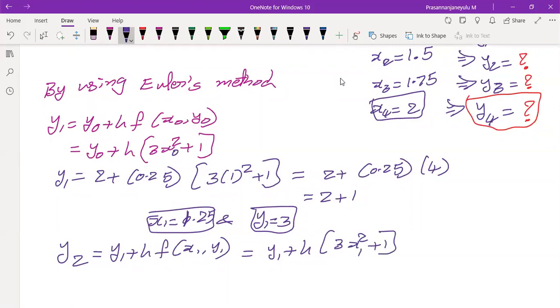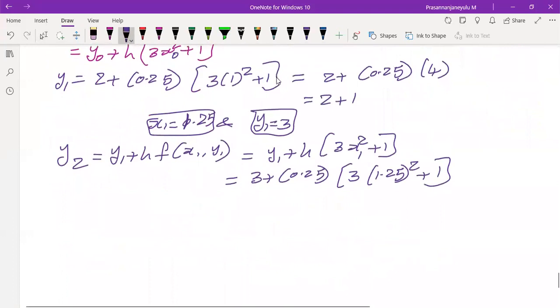What is the value of y1? y1 value is 3 plus h value is 0.25 into 3 into x1 value 1.25 whole square, x1 square plus 1. So 3 plus 0.25. I think you people can use the calculator and can say what is the answer. Okay, good. 4.4219. One of your friends is saying 4.4219.